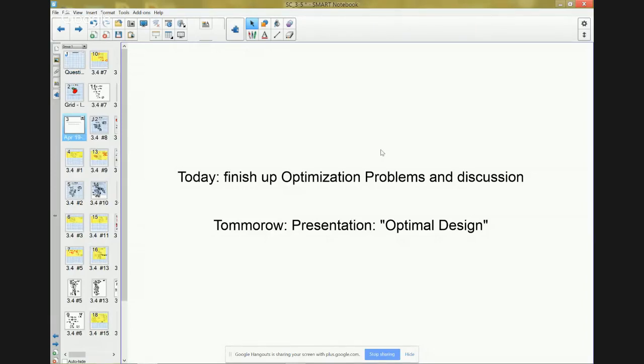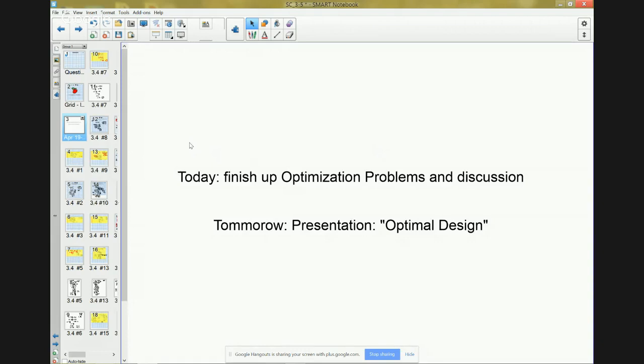I want to make some general announcements before we do anything. You probably saw in my email, this will actually be the third day we're spending on this lesson, a very important lesson: optimization problems and discussion.